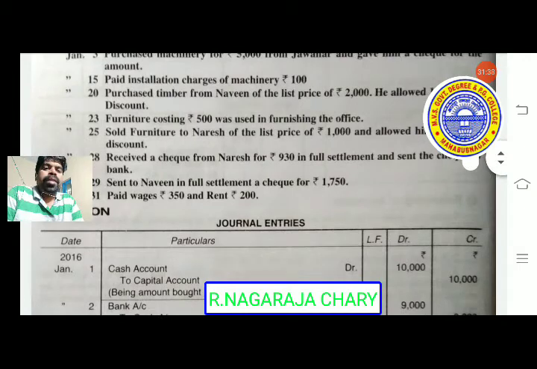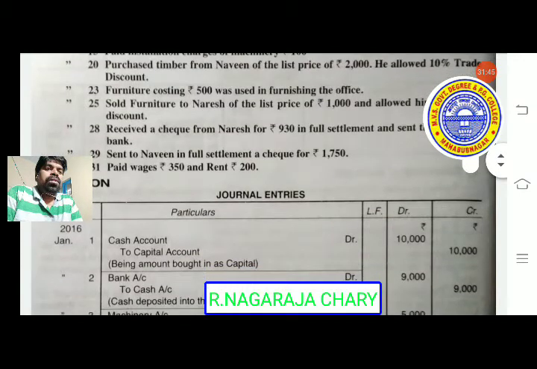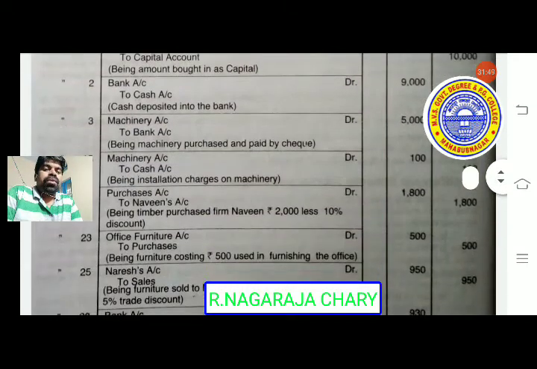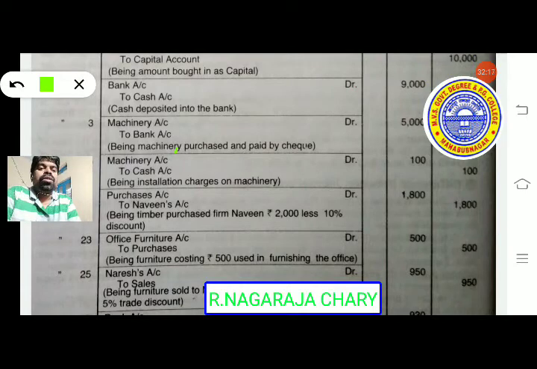Next one, purchased timber from Naveen at the list price of 2000 rupees, he allowed 10% trade discount, on the 20th. So, from Naveen we purchased timber worth 2000, but Naveen gave a discount of 10%. 10% on 2000 rupees is 200 rupees.